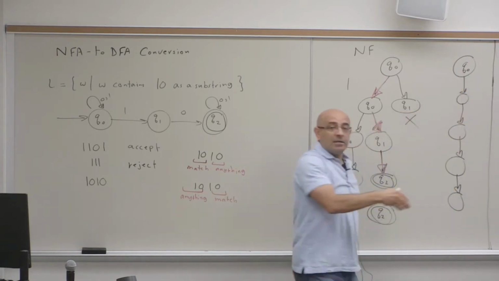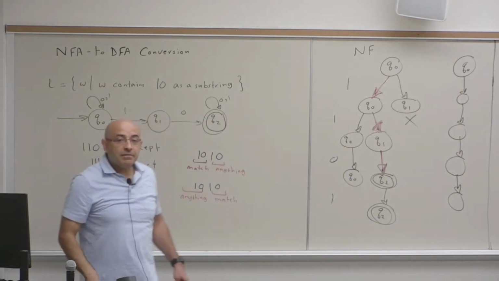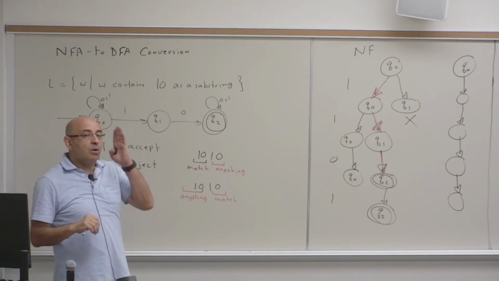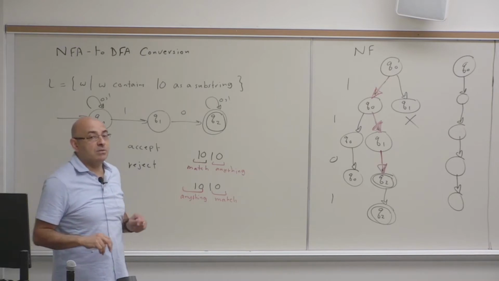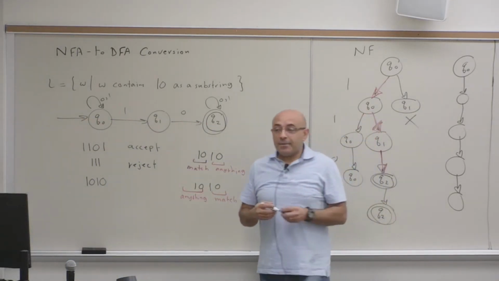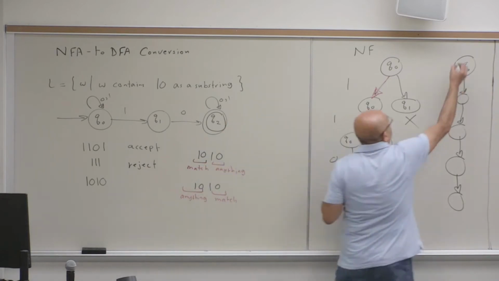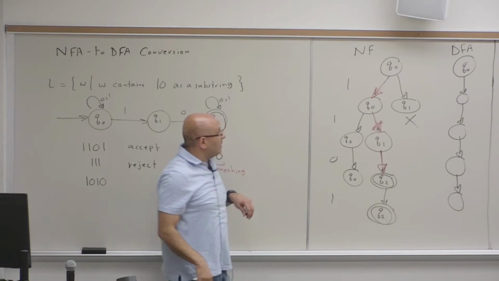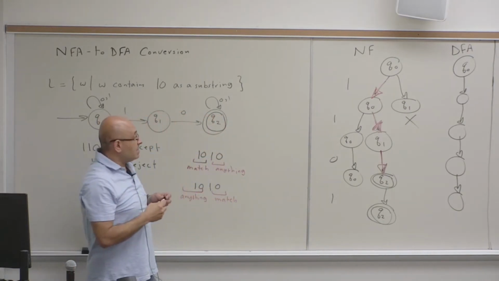It will be just a one-line graph. It's deterministic. You don't have branches, you don't have multiple options. You always have a single, unique option, that's it. So the NFA has branches, the DFA doesn't have any branches.